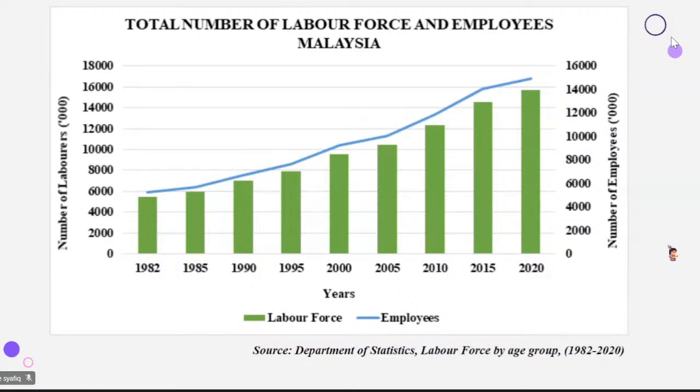We can see that the number of the labor force from 1982 until 2020, highlighted in the bar graph in green, kept on increasing. The same goes for the number of employees from 1982 to 2020. So we can see that both the labor force and the number of employees kept on increasing in these respective years. Okay, next slide, please.